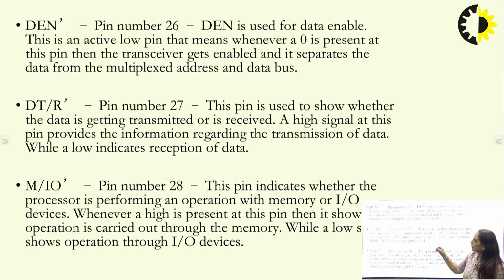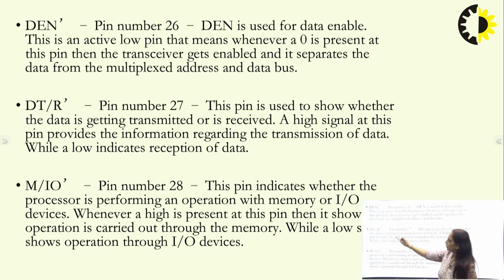Then we have data enable bar, which is connected to pin number 26. It is an active low pin, which means that whenever 0 is present at this pin, the transceiver gets enabled, and it separates the data from the multiplexed address and data bus.